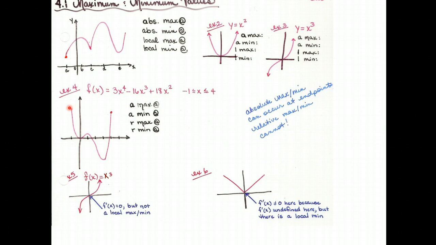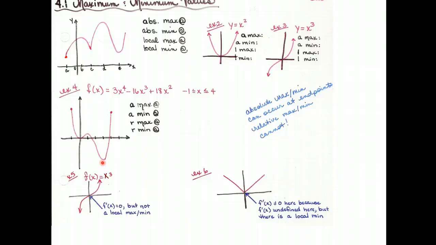The absolute minimum is going to be the absolute lowest point on that graph. It's sometimes called absolute or sometimes called global. Maximums and minimums are also referred to as extrema because they're like extremes. So extreme values, the plural of that is extrema.